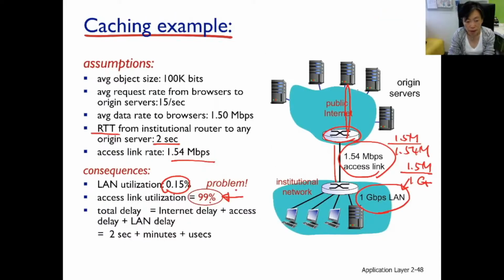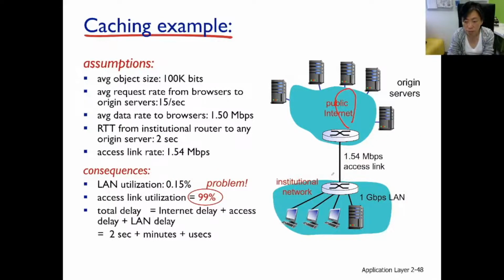Okay. Let's come back here. Therefore, if we want to calculate the total delay of web request and object download, it will be round-trip delay here, plus round-trip delay here, plus round-trip delay here. 3 components: internet delay, access delay, and LAN delay. Internet delay, we already defined it. Just to make it simple, just say that it's only 2 seconds.